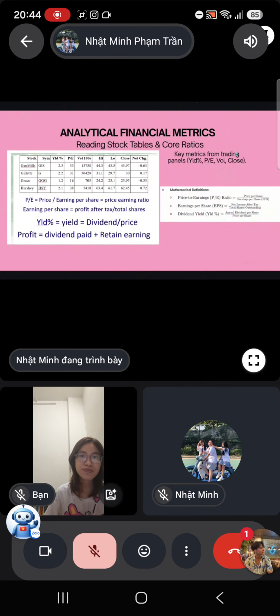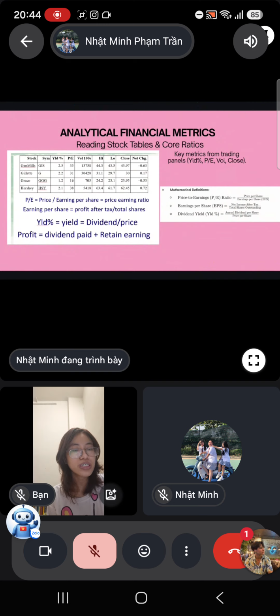Now, analytical financial metrics to evaluate stock value. Financial professionals use a core metric, the PE ratio. It divides the price per share by earnings per share, or EPS, showing how much investors pay for a dollar of profit.